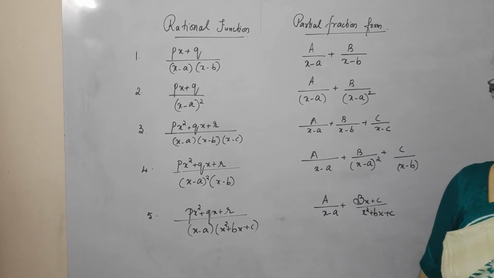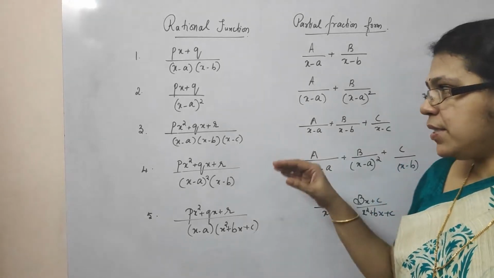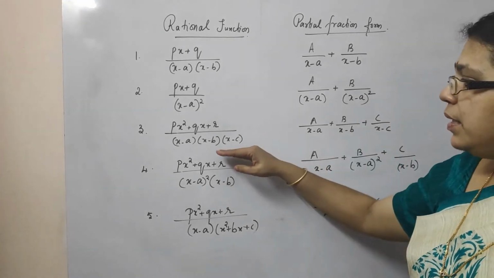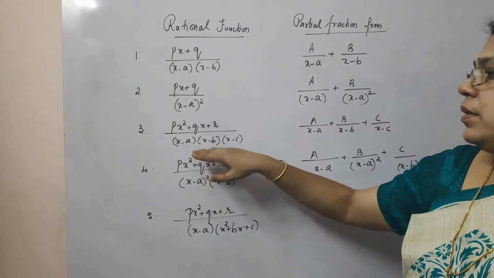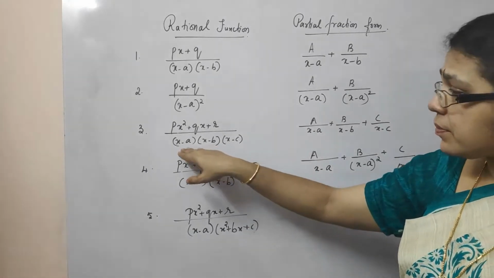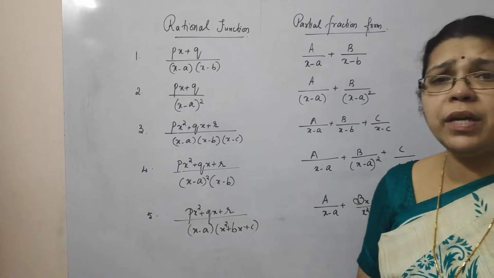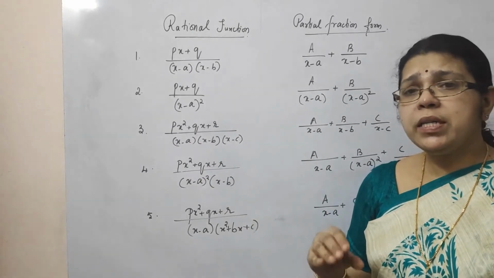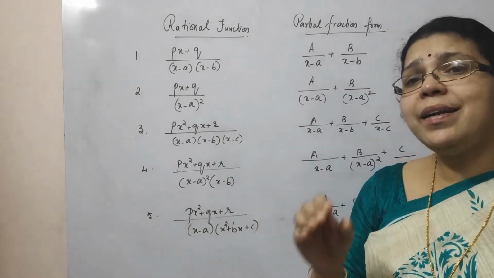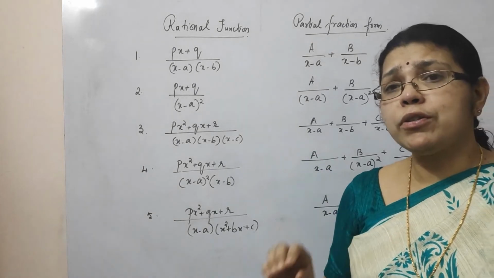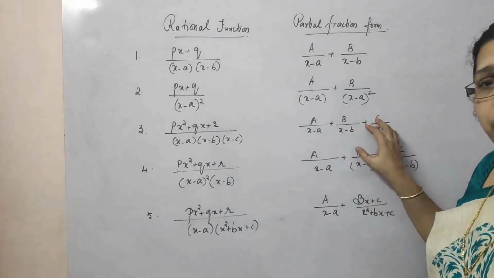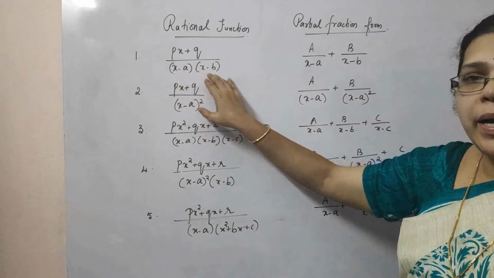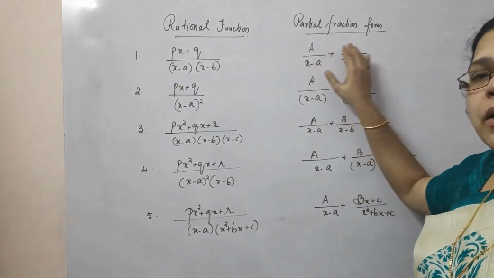Now, I just want you to have an understanding of the degree of the expression in the denominator. That determines the number of constants in the partial form. Here I have x square as the degree, right? So, how many constants did you have?